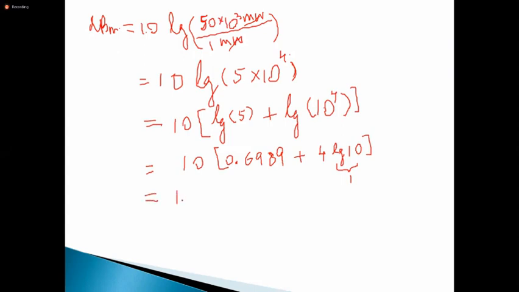Then 10 into 4.6989, and the answer is 46.989 dBm.